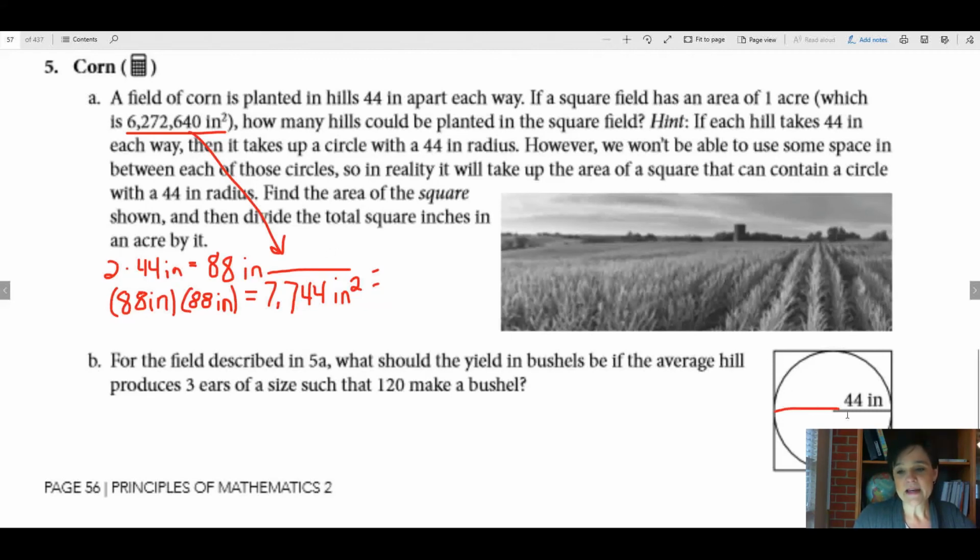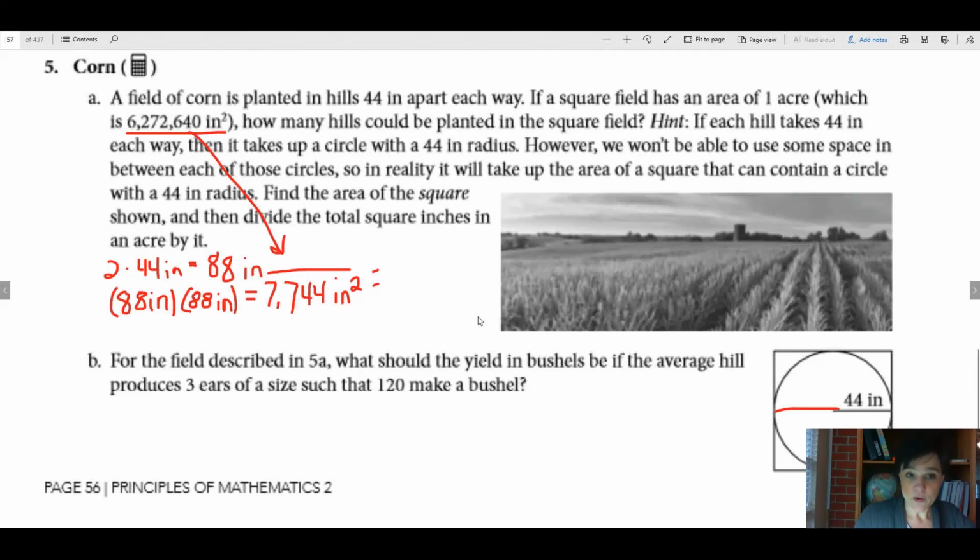So that means it's planted in two different directions. The radius is 44 inches. It's planted in two different directions. So that's where they get the 88 inches as being the side of the square. And then they multiply to get the area of the square, 88 times 88, which is this. And then they divide the total square inches in an acre by this.